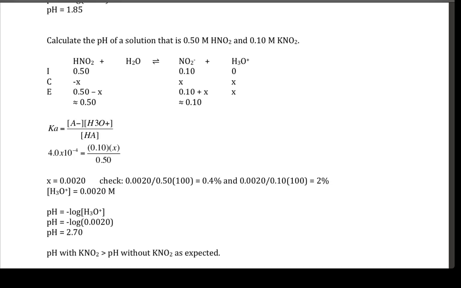So we have the H3O plus concentration equal to 0.0020 molar. We take the negative log of that and we get the pH is 2.70. So indeed, the pH went up a little bit as we added basic KNO2 to our solution.